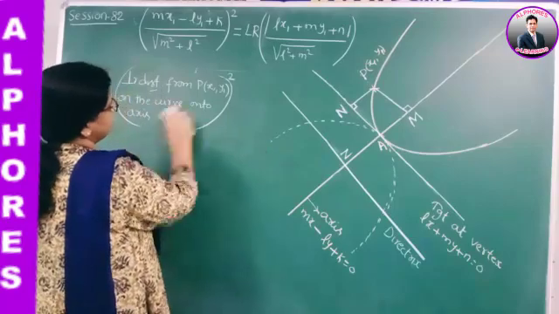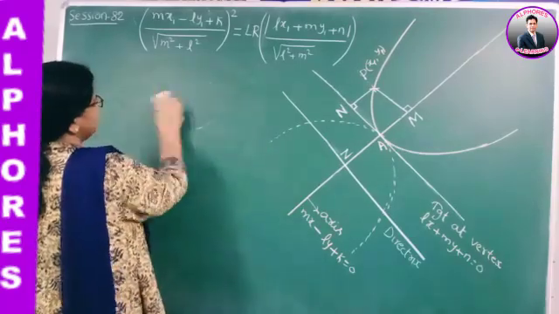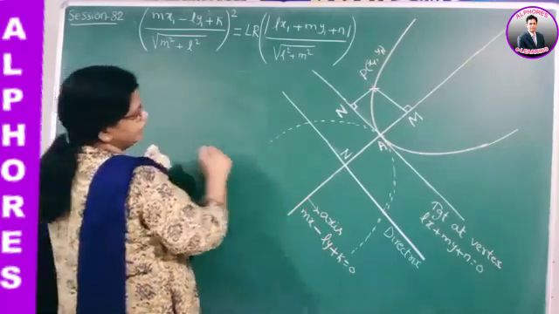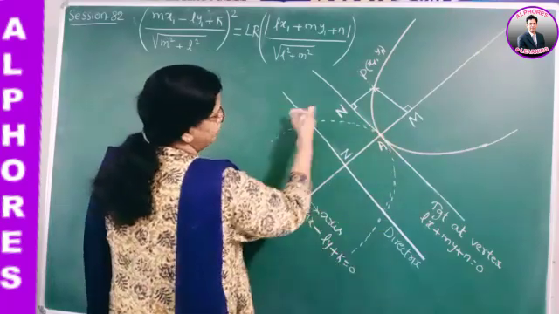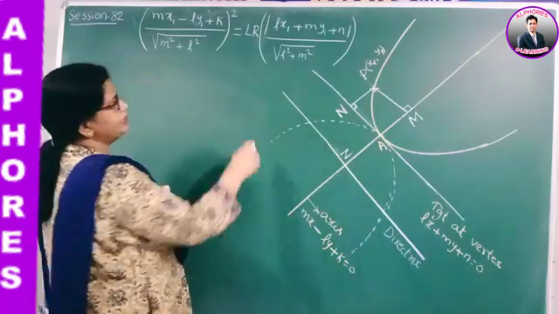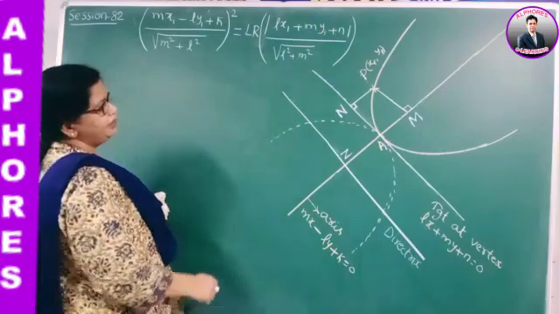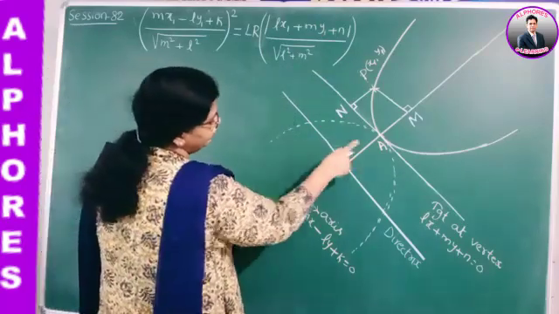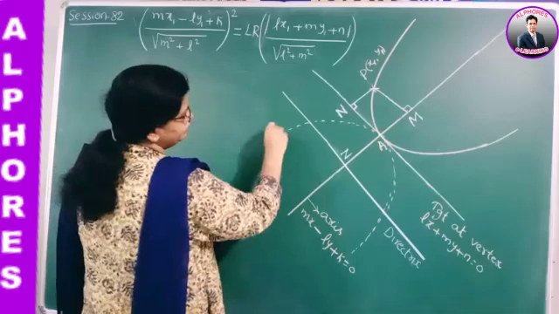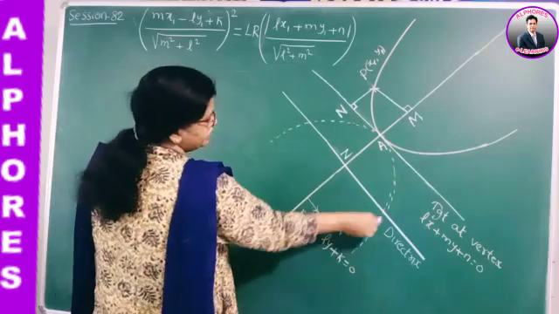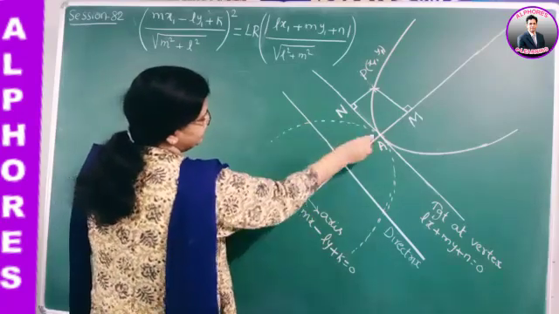Now you can observe in the diagram, dotted lines I have taken on this side. That is why you are taking the mod symbol. Mod symbol you are taking means you can observe here this is the axis, so to this parabola if I draw like this, then here also this is our axis.